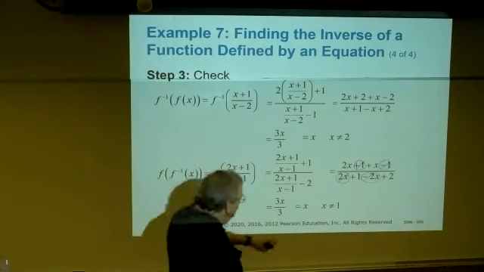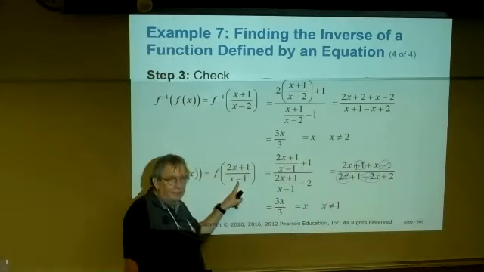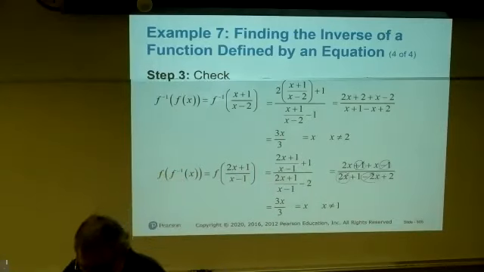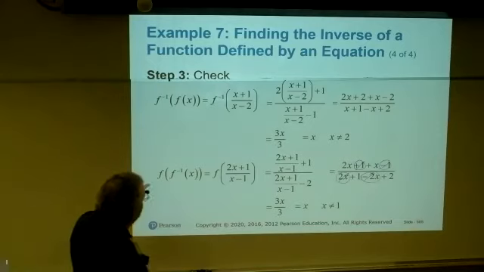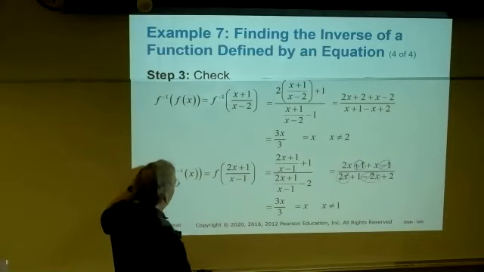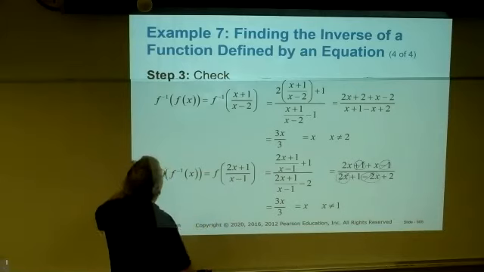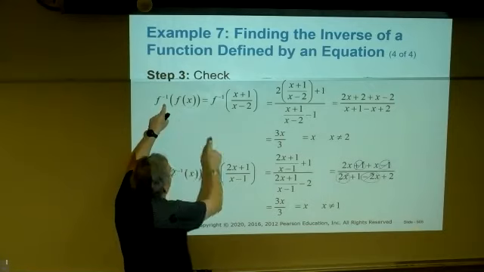And we can't use 1 because I can't use 1 here. So the domain of f becomes the domain of the composition. And the domain of f inverse becomes the domain of the composition. And in this one, the domain of f became the domain of the composition.